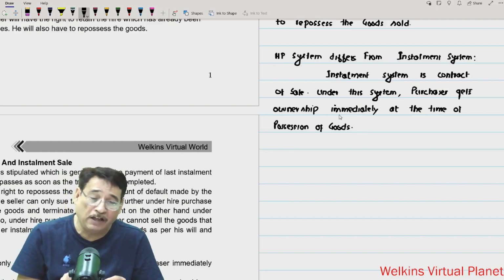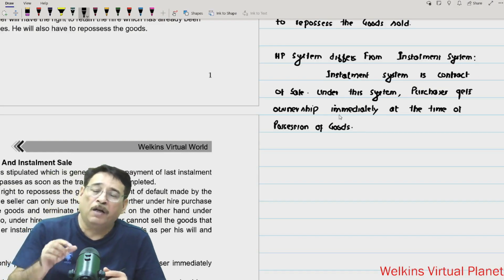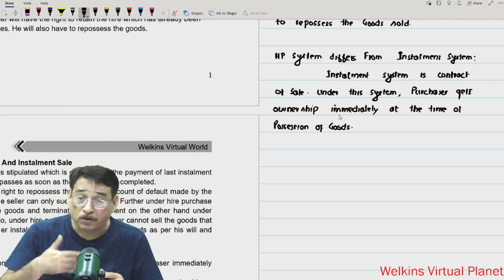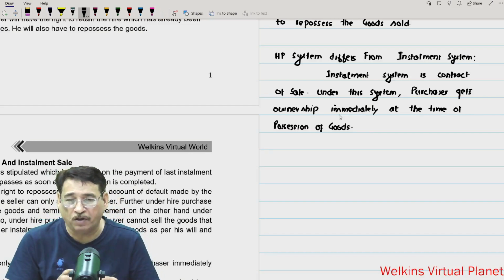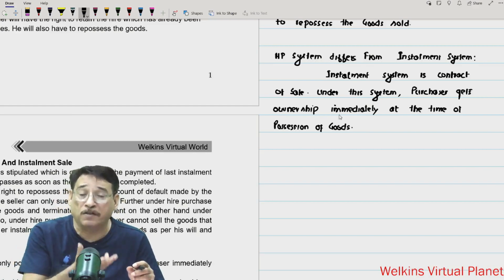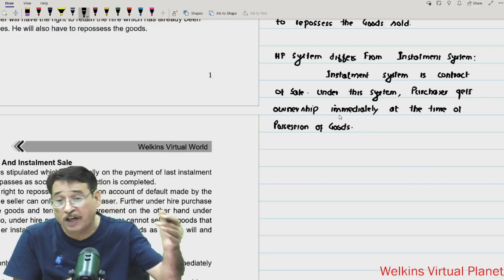Further, we will see that in case of hire purchase system, we already saw that in case the default is committed by the purchaser, the seller has the right to reacquire the goods, isn't it? Whereas under installment system, even if the default is committed by the purchaser, the seller has no right to take back the goods.